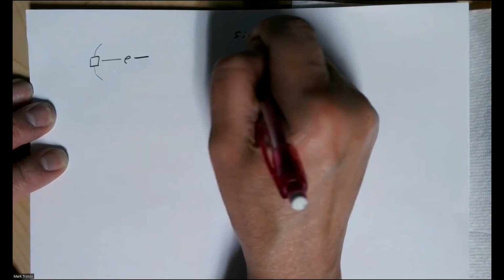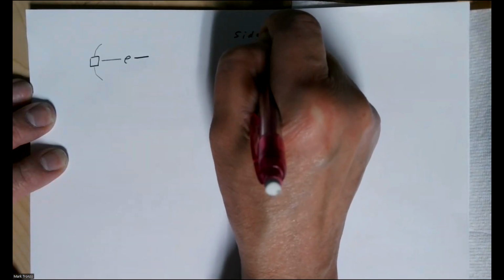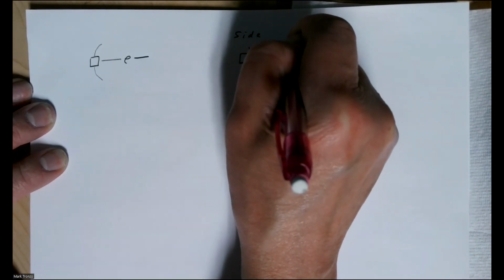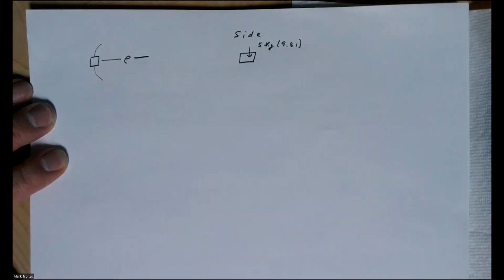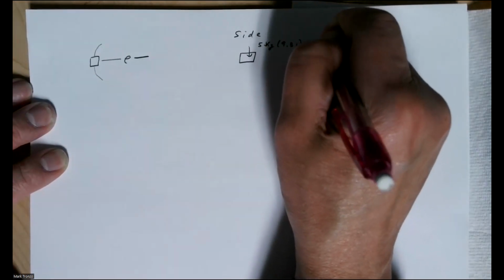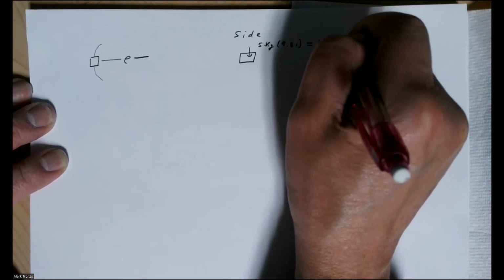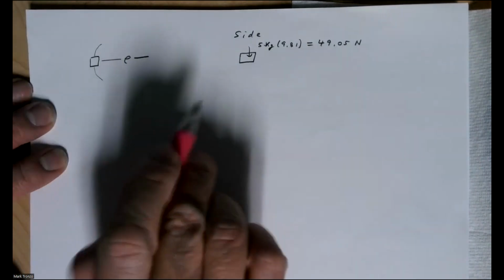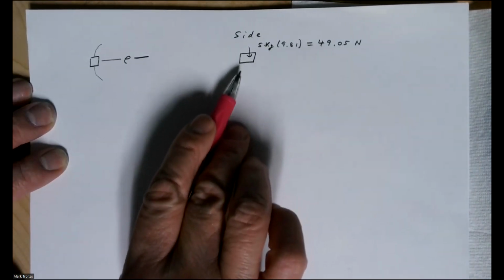So again, the box is 5 kilograms times 9.81. And that's about 49.05 newtons. And there's really no other forces because the box isn't moving horizontally, vertically or anything.